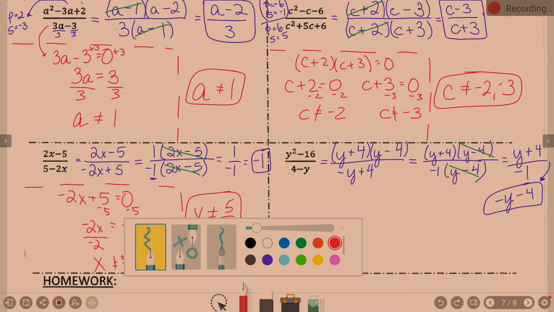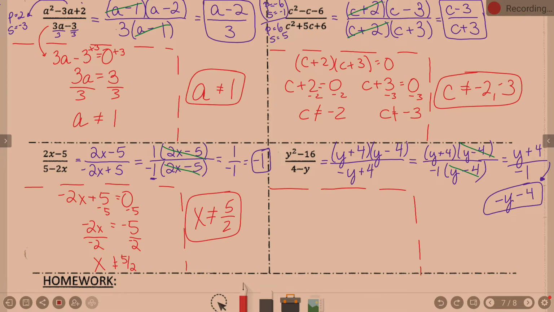We need to talk about excluded values. How do I find excluded values? Denominator equal to 0. So I'm going to say negative y plus 4 equal to 0. If it's negative y plus 4, I'm going to subtract 4.